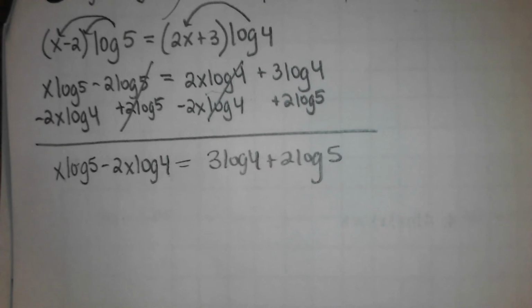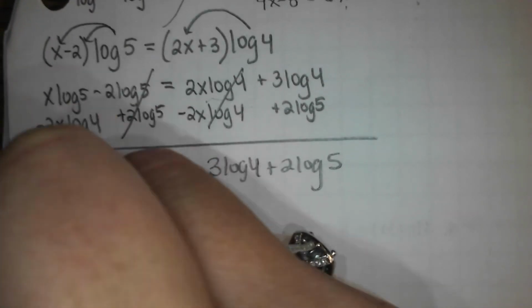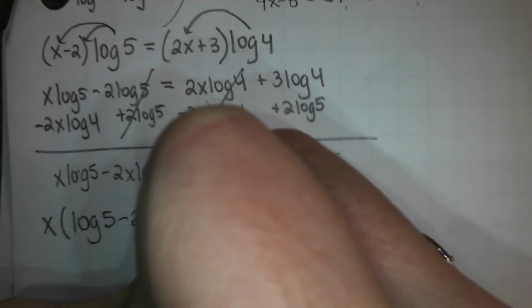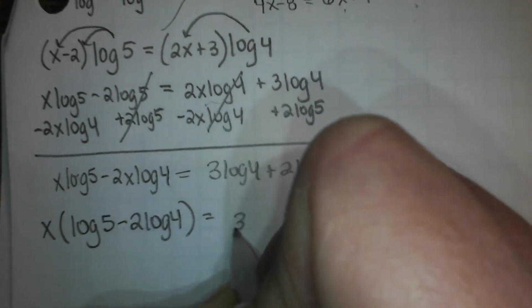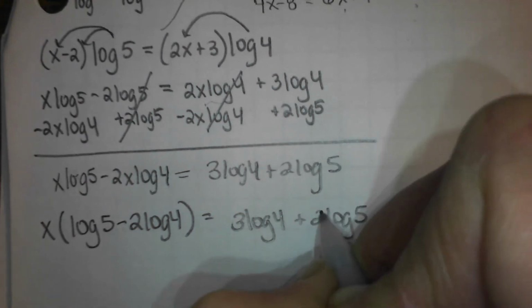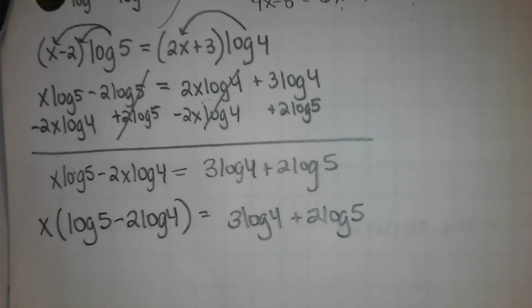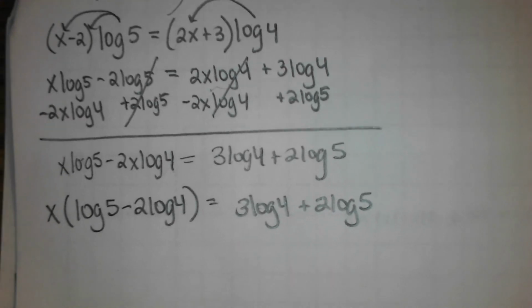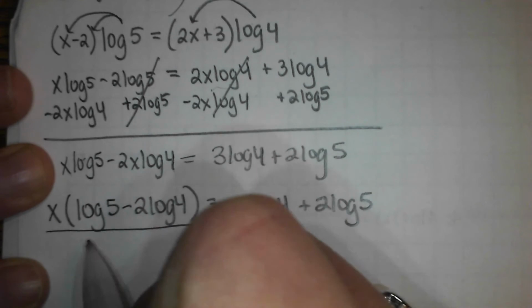Take out the GCF of an x, and then there's only one x in the problem. And now to get that x all by itself, I just divide that craziness over.